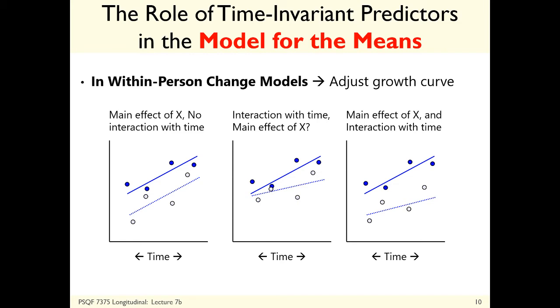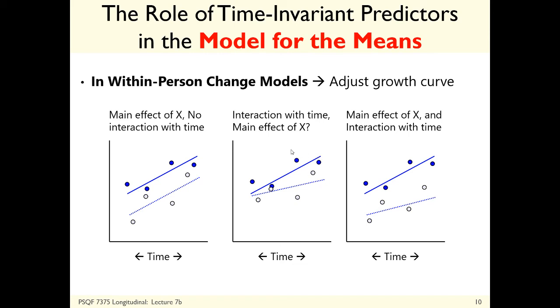I have that to remind you that what the main effect of x, the time invariant predictor, is depends on where time 0 is. In the middle picture, if time 0 is at the beginning, it's possible that group does not predict intercept if intercept is here at the beginning. If time 0 is out here, then you may have a main effect of group on the intercept.